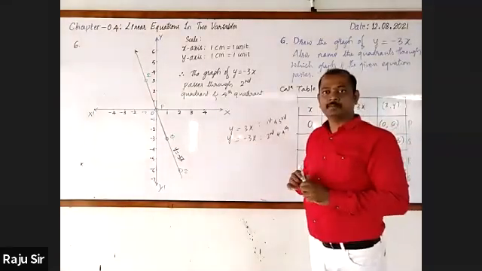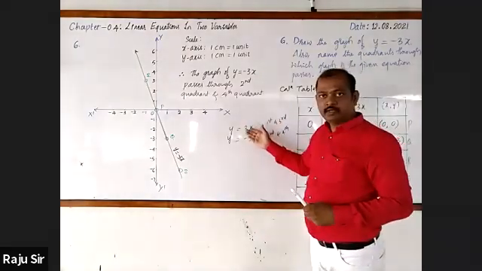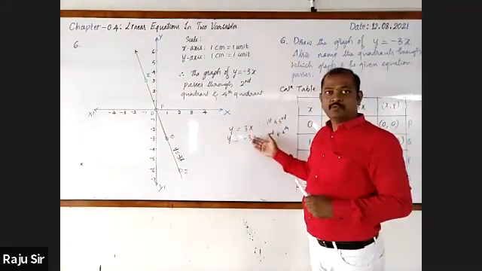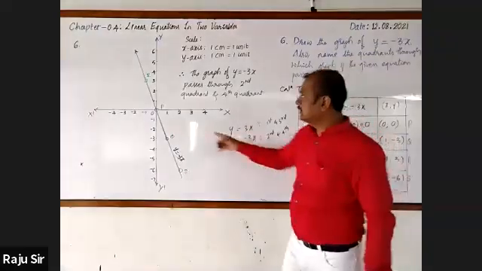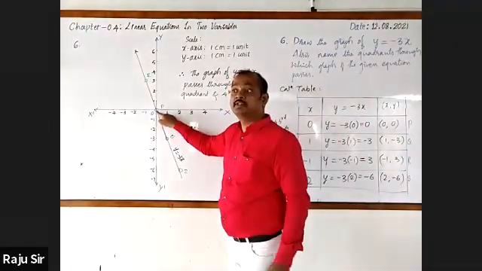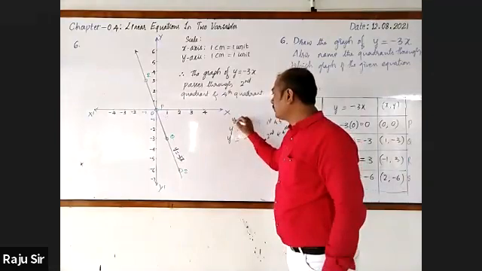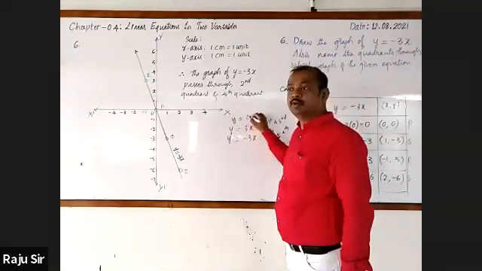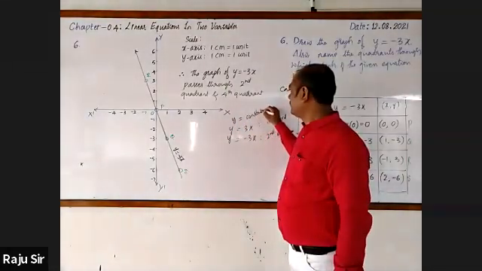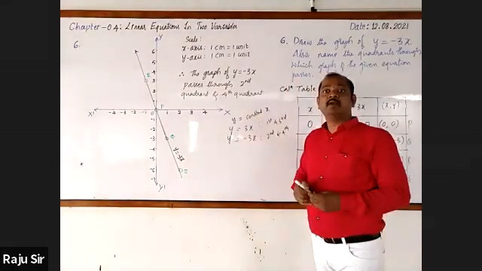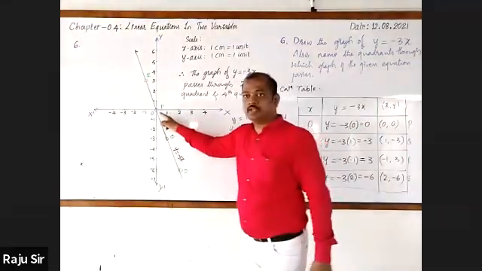Very simple. And you can also come to know that the graphs of both equations pass through the origin. That means y equal to constant into x always passes through the origin.